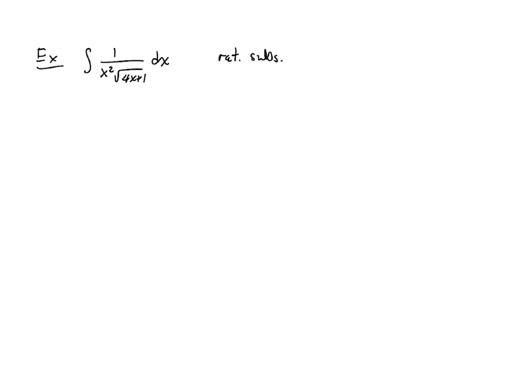substitution we want to use is not u equals 4x plus 1, but u equals the square root of 4x plus 1. And here we get that du works out to be 1 over 2 square root of 4x plus 1 times 4 dx. But more importantly is for us to go and actually solve for u and solve for x.